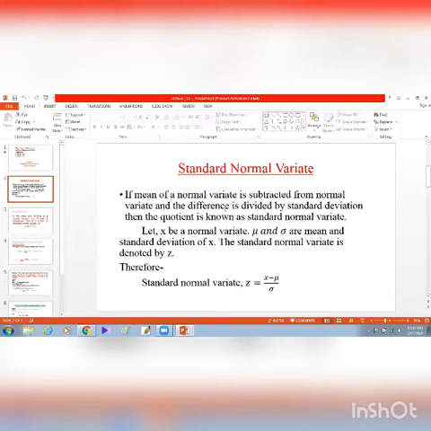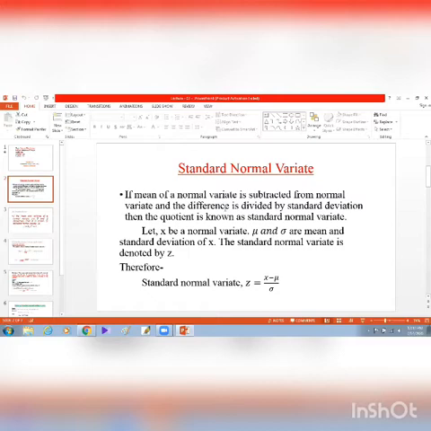Actually, if the mean of the normal variate is subtracted from the normal variate, as a result we get a difference, and if that difference is divided by the standard deviation, then the quotient is known as the standard normal variate.